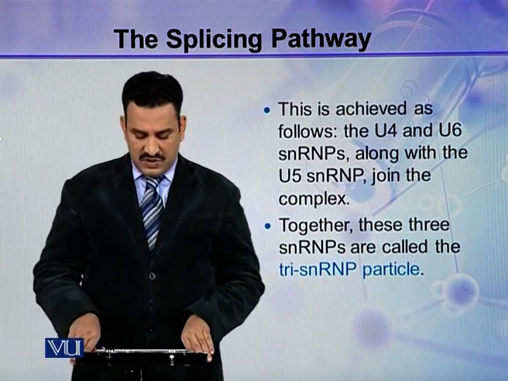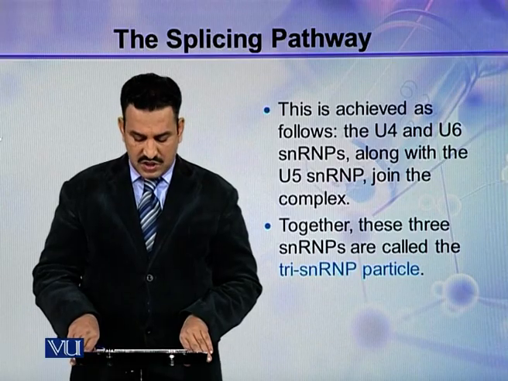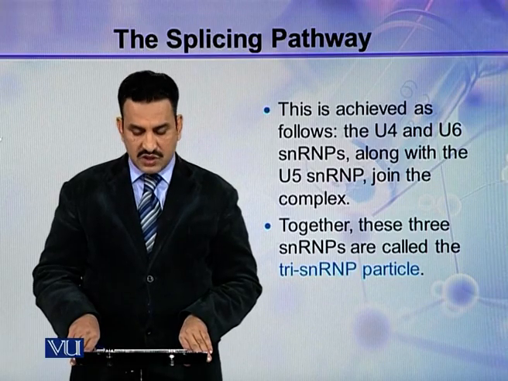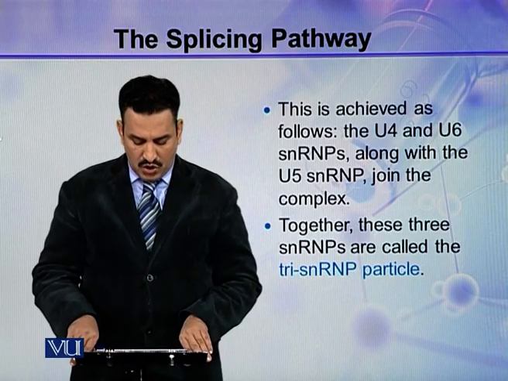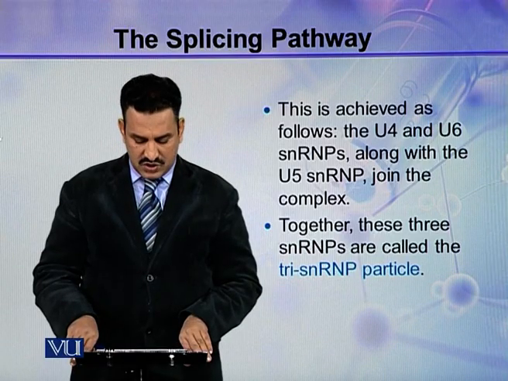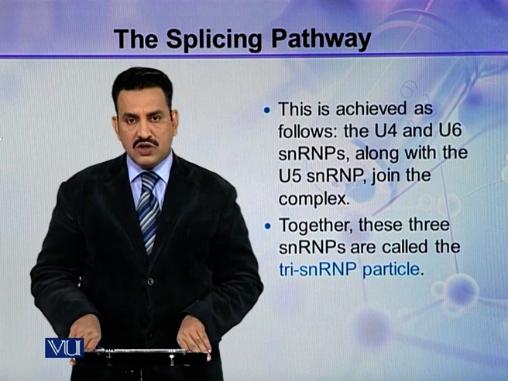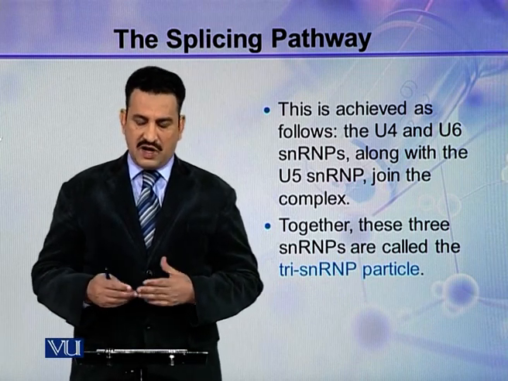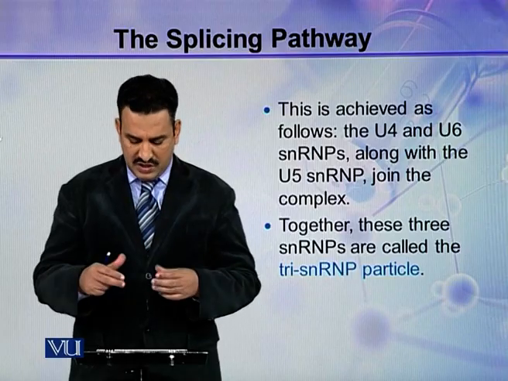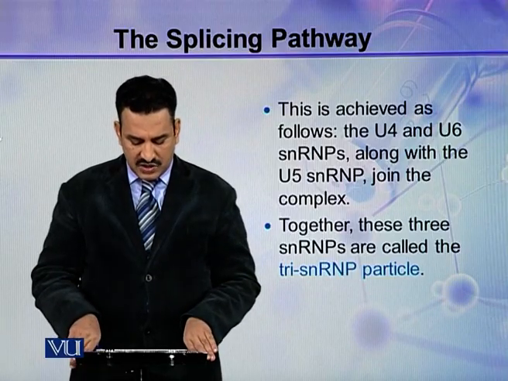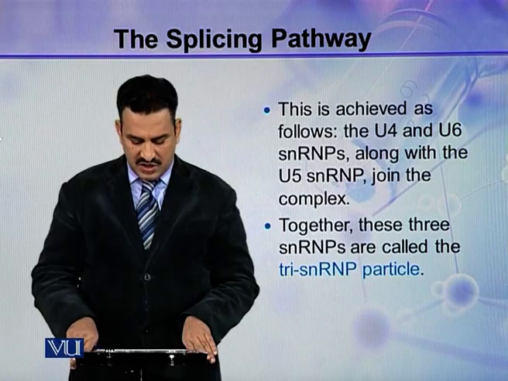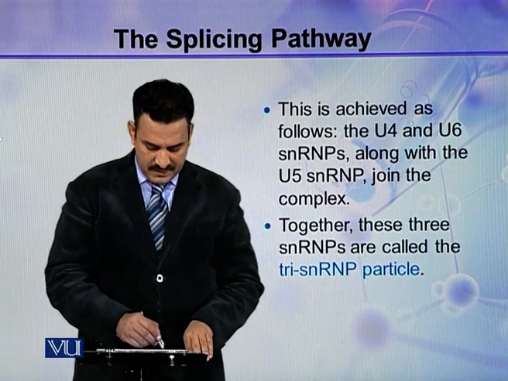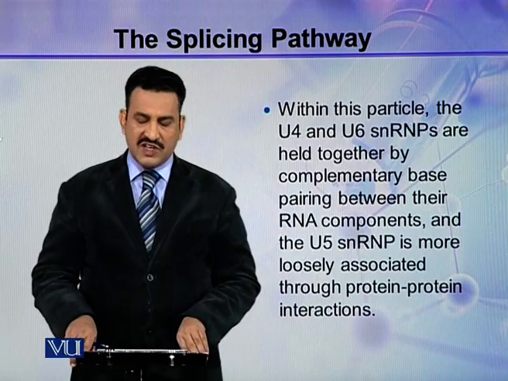This is achieved as follows. The U4 and U6 SNRPs along with the U5 SNRP join the complex. So these more RNAs and SNRPs join this complex. Together these three SNRPs are called the tri-SNRP particle.